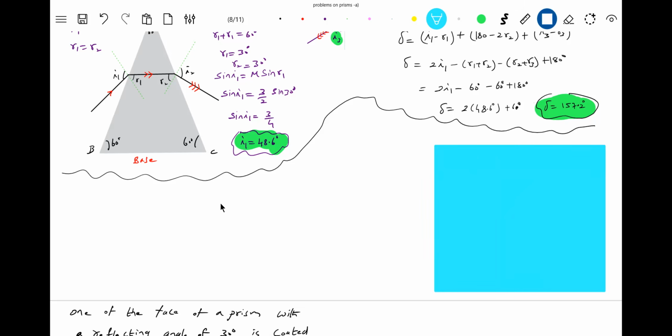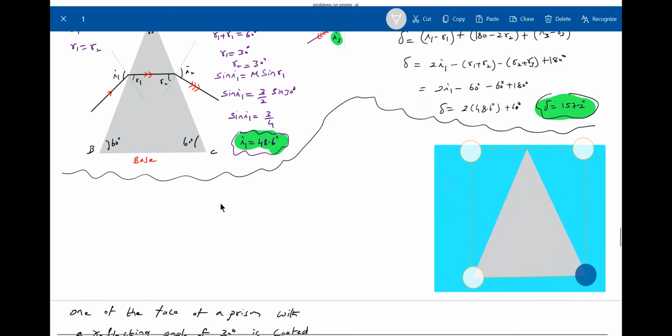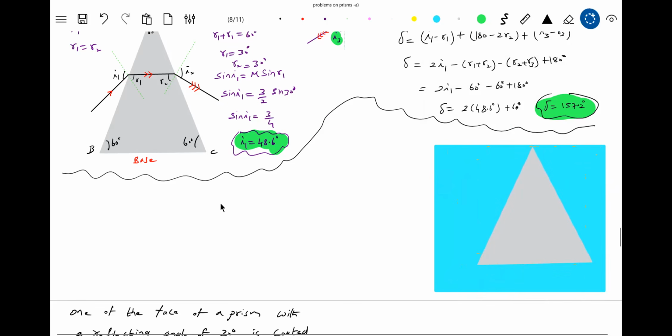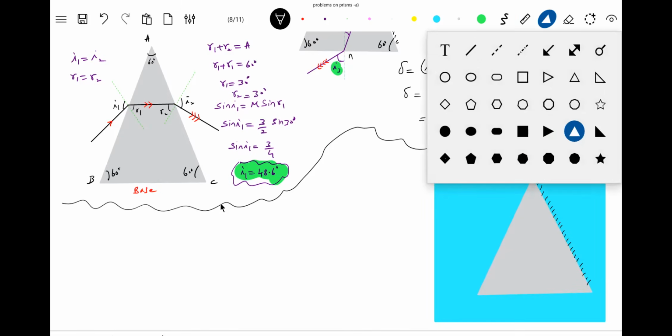Now I'll bring the prism, and the same silver conditions will be there. Okay, the ray will be incident.